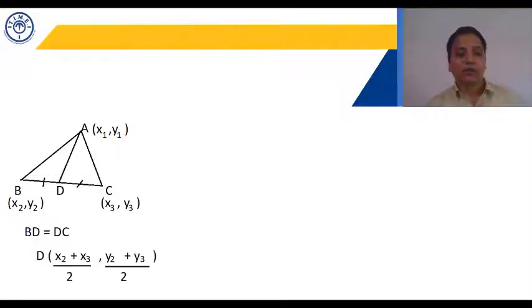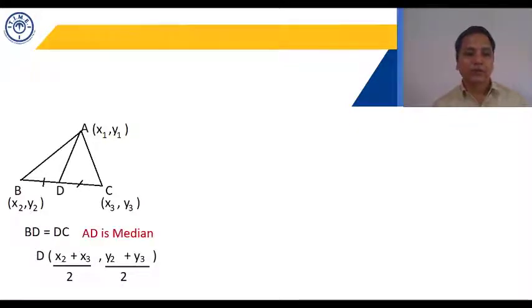Now, most important, all three medians are concurrent. They meet at a point called the centroid. And the coordinates of D can be found by applying the midpoint formula, (x2 plus x3) by 2 and (y2 plus y3) by 2. Moving further, AD is the median in this case.